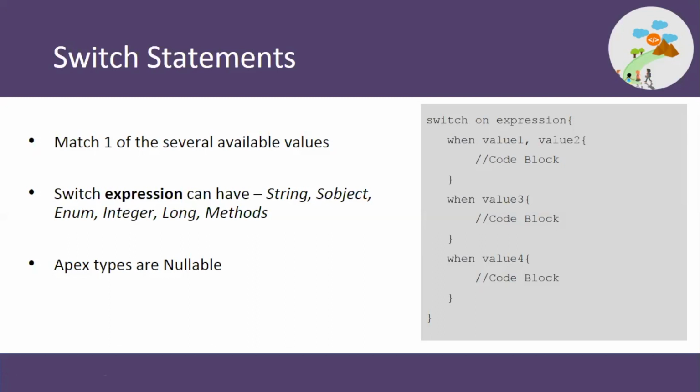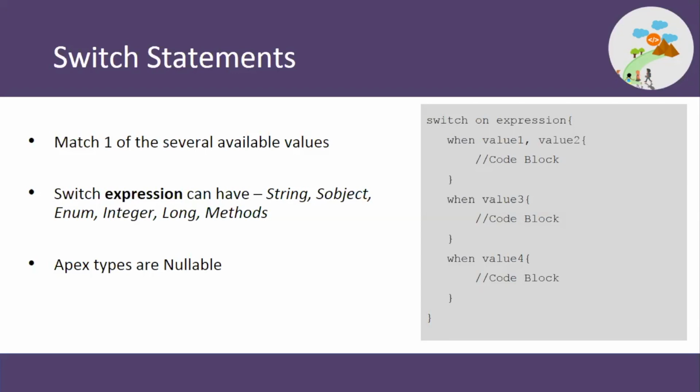The primitive data types are string, integer, long. So you could write your expressions based on these data types, or you could also use an sObject or an enum to write an expression and do a value match and have the respective code block executed accordingly.